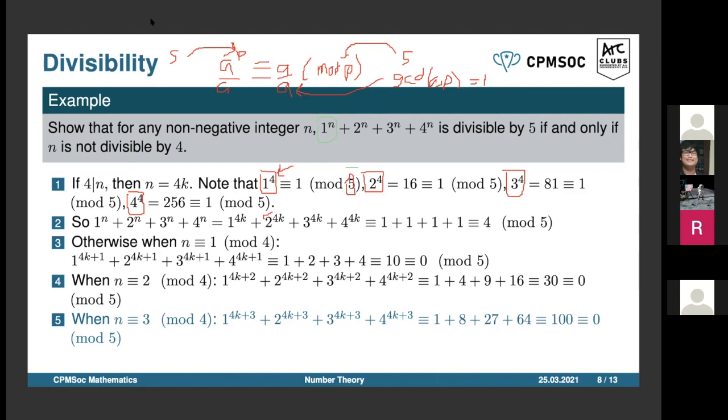So if a is not a multiple of p, you can divide both sides by a in Fermat's little theorem. And you'll get a to the p minus 1 on the left-hand side is congruent to 1, that's a over a, in mod p. So this is true whenever a is not a multiple of p.